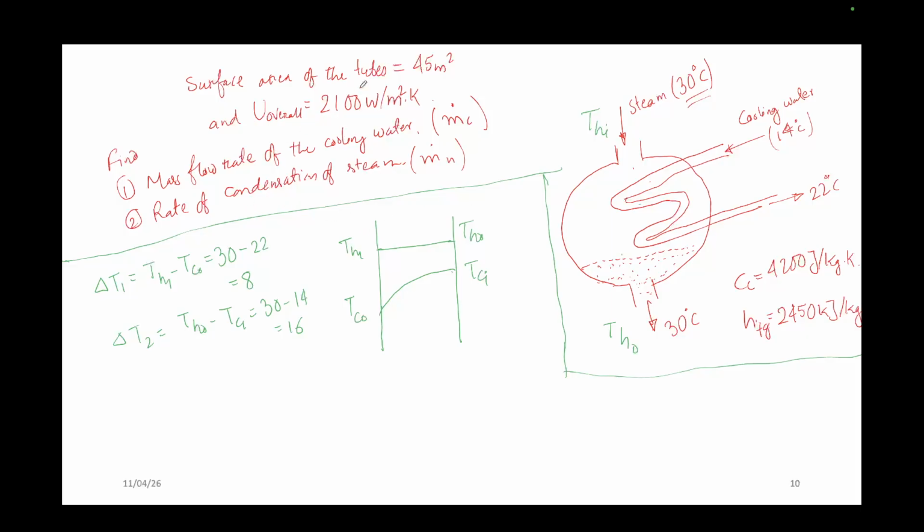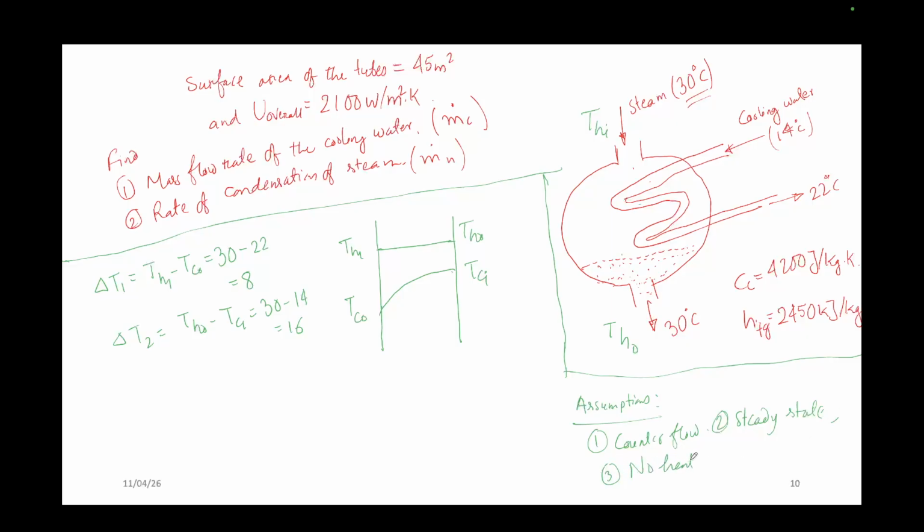Before starting such types of question, in the exam you should write the assumptions. What are the assumptions I have taken? Just now I said that it is counter flow. Also you can write it is steady state, and no heat loss.